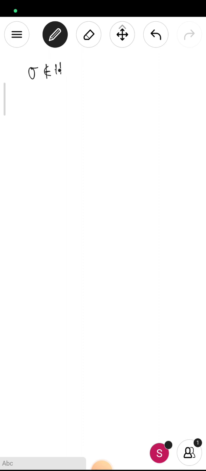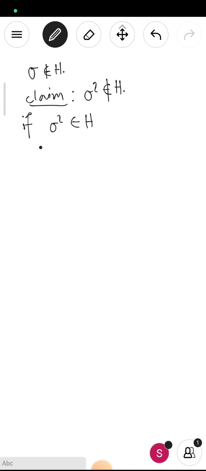Now we claim that sigma squared does not belong to H. If sigma squared belongs to H, then that implies sigma squared times sigma squared obviously belongs to H, because H is a subgroup, so the closure property holds.